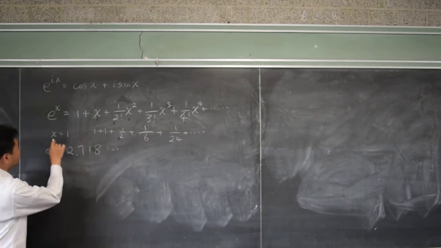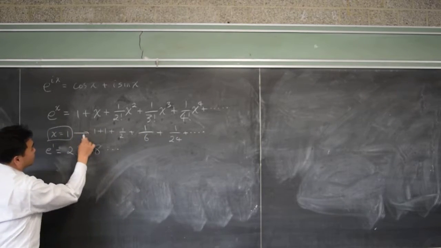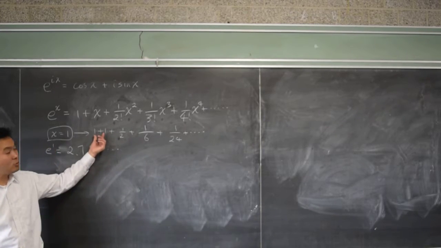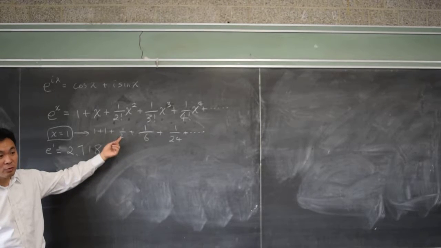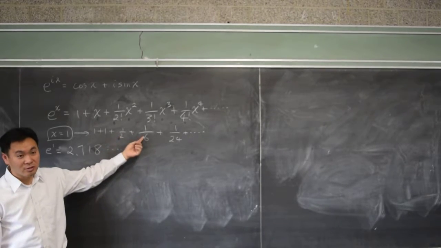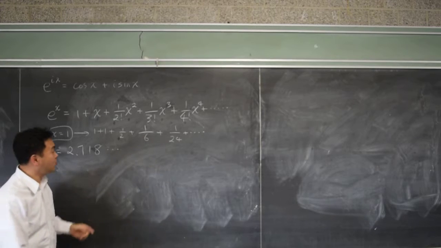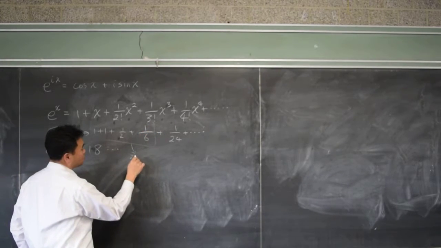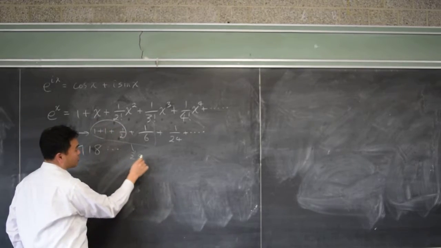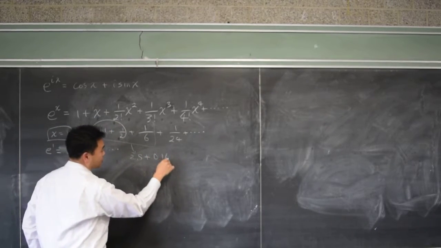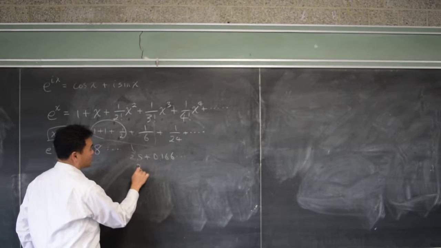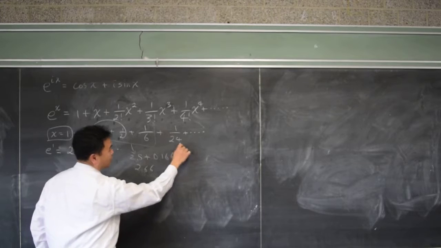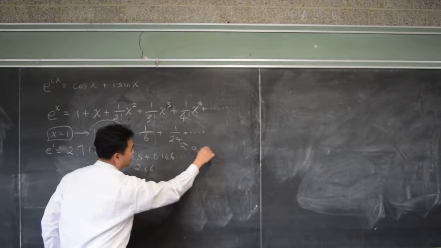So if you set x equal to 1, the right side gives you this value. Now what is this? This is 2, 1 over 2 is 0.5, 1 over 6 is 0.1666. So if you just add up until here, that's 2.5 plus 0.1666, so that's like 2.66. Okay. And then 1 over 24 is about 0.04.